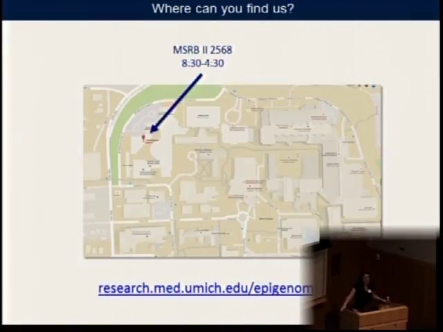Then we send it to the core. There is the sequencing core queue, which is usually about 2 or 3 weeks. Sometimes if there have been issues with Illumina, a little bit longer, but usually about 3 weeks we get the data back. And then it will depend on how much data analysis you want. If you want the raw data, you can have it back once we've done the QC, so in another couple of days.